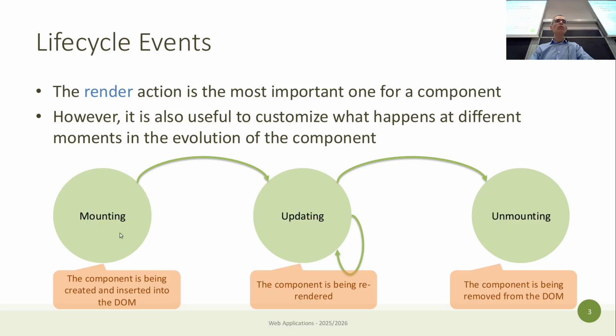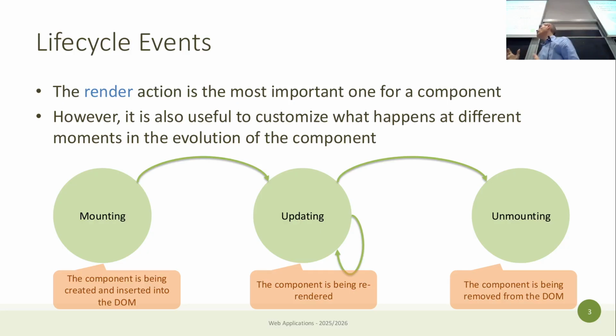Why can it be useful to intercept this event, the mount of the component? Think about our table of films in your lab, table of answers in our example during the lectures. We want to populate the content of the table, right? At the moment, it's just written statically inside the JavaScript code.